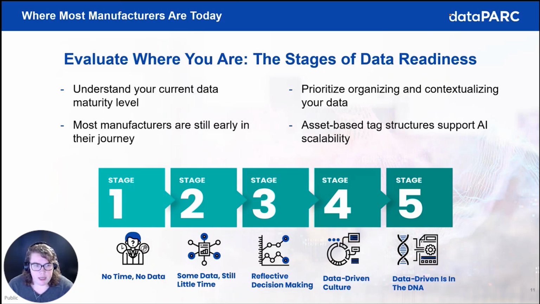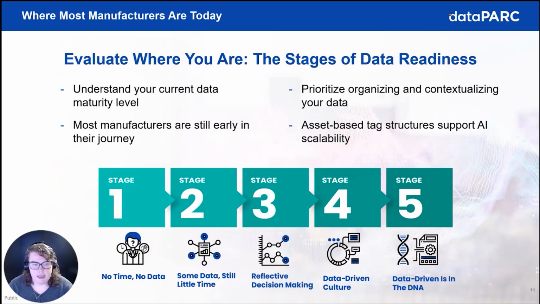Most manufacturers today are still early in this journey, and that's okay, but it's important to recognize where you are to help set realistic expectations and give you a clear path forward. You can't jump from level 1 to level 5 without doing that groundwork. And that groundwork is all about organizing and contextualizing your data and getting the data if you don't have it.